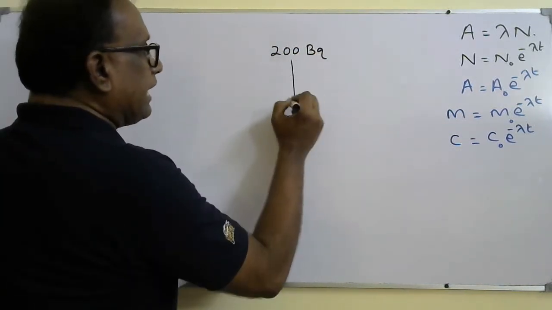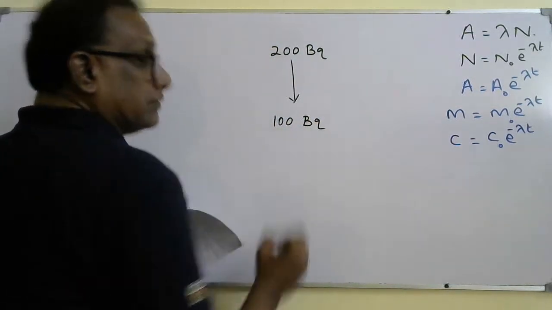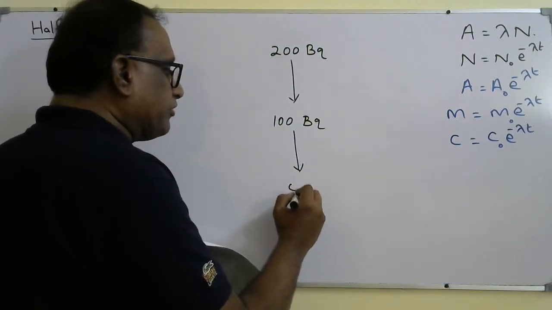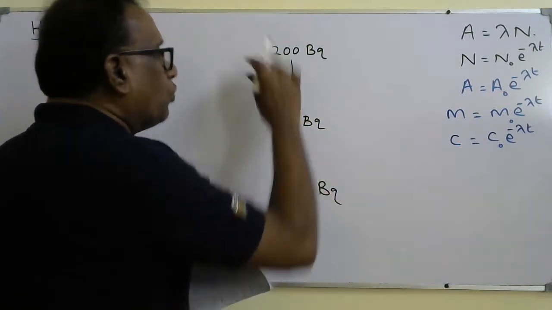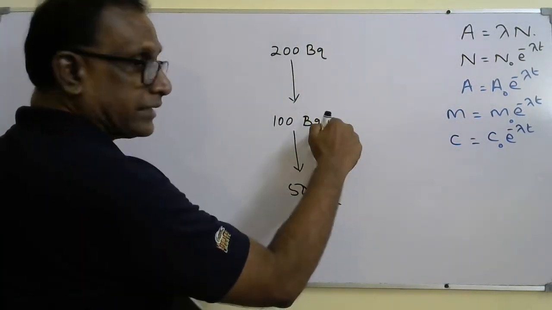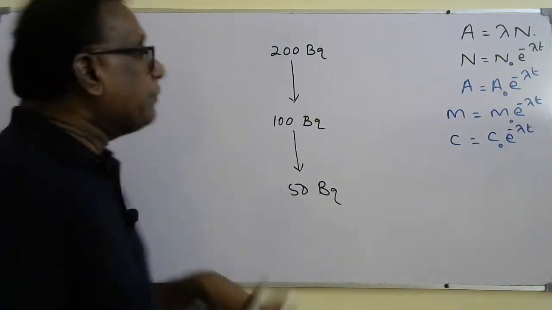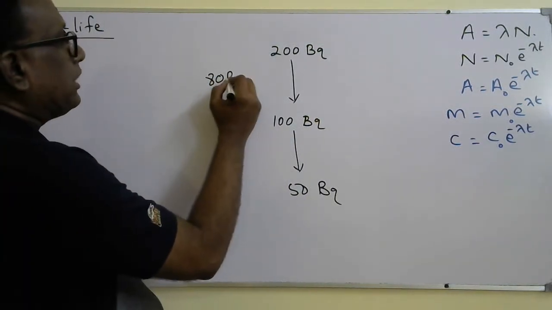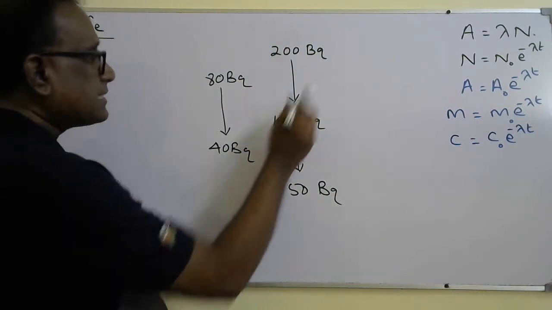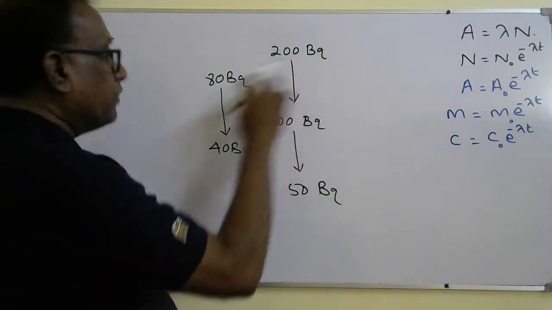How long will it take for this 200 Bq to become 100 Bq? Then how long will it take this 100 Bq to become 50 Bq? Will the time interval be the same? Or for 80 Bq to drop to 40 Bq, will it be the same as this time?